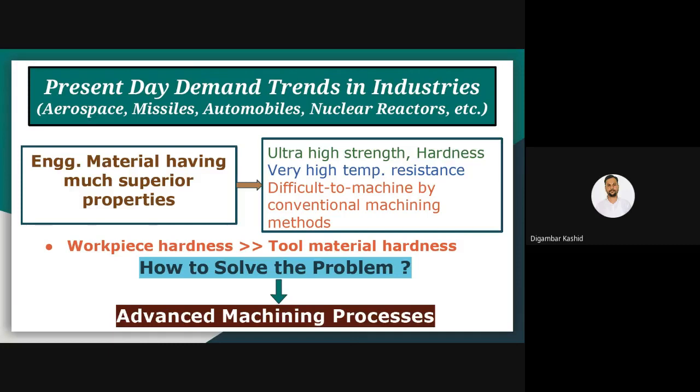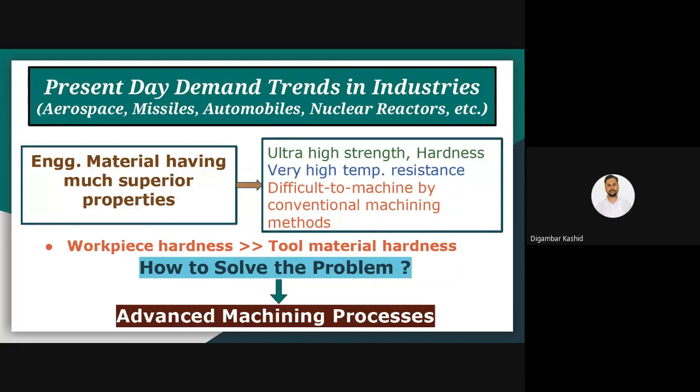If you take the ultra high strength material which is used as a workpiece material, then the question arises how to machine such material. That situation will be difficult.